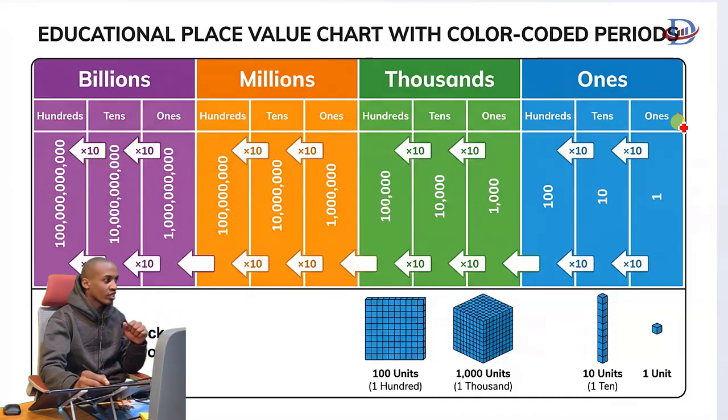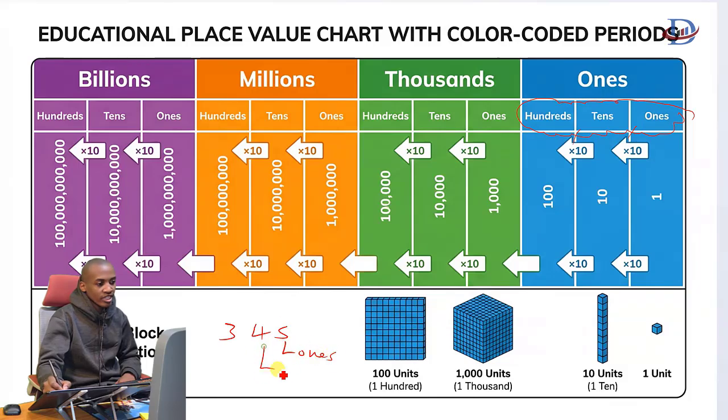We checked the first three digits, and we said that in the first three digits, the first one represents ones, the second one represents tens, and the last one represents the hundreds position.